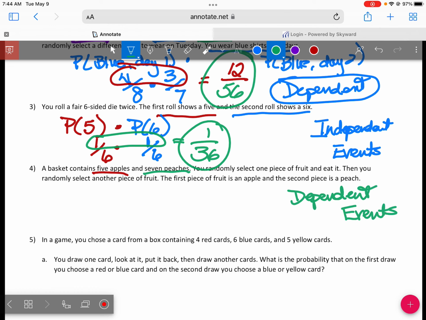Okay, the first piece of fruit is an apple, and the second piece is a peach. All right, so what is the probability that the first is an apple? We have 5 apples, we have 7 peaches. What do I have to do before I can figure out my probability? Yeah, I have to figure out how many I have total.